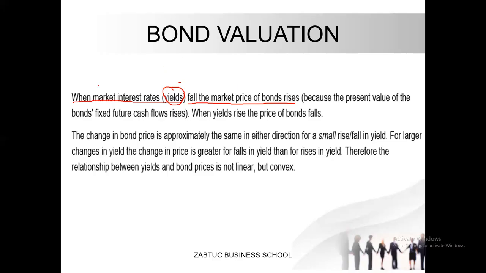So on interest rates or the discount rates, when they drop, what will happen is that the present value of the bond's fixed future cash flows will rise. In a similar way, when yields rise or discount rates go up, the price of the bond falls.